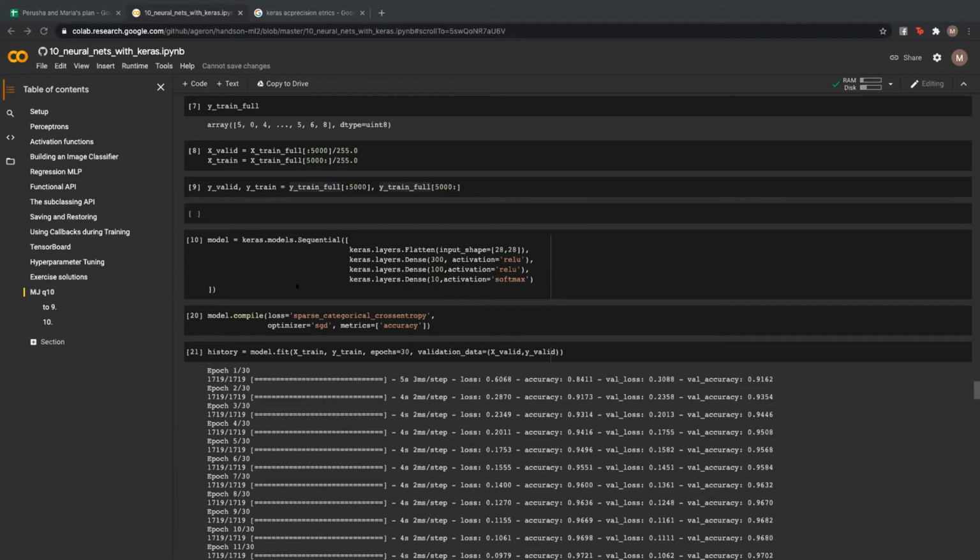Your Y labels are already sparse. Instead of a huge one hot encoding matrix, you have a single vector which represents your Y. Hence, the loss is also called sparse categorical cross entropy. This is my best guess, by the way.